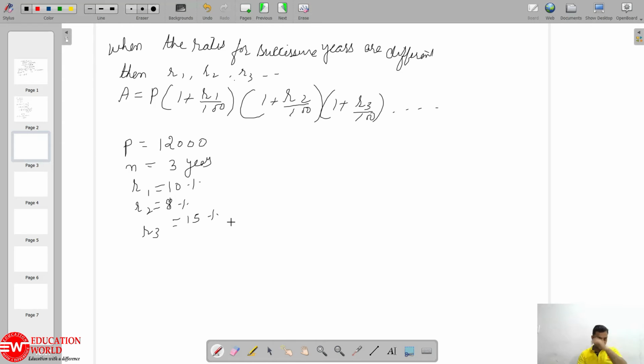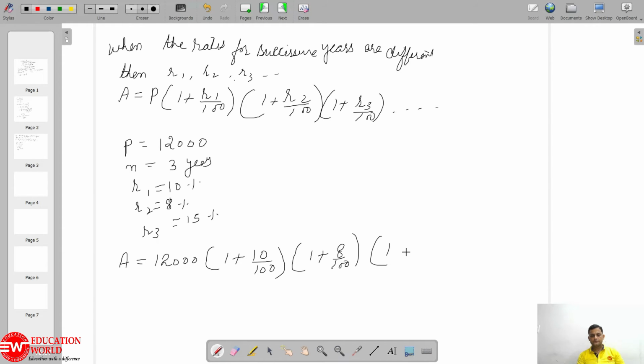Okay, so let us calculate. Our amount formula will become like this: 12,000 times (1 + 10%) for the first year, for the second year it is 8%, and for the third year it is 15%.